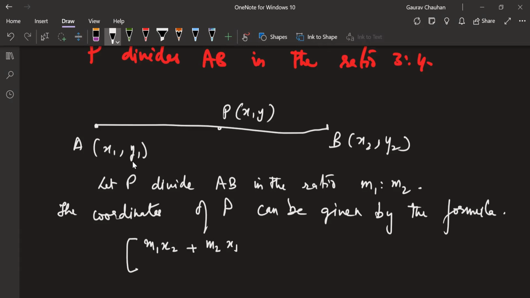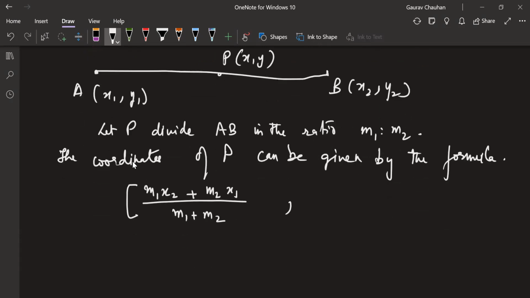Here x1 and x2 are important, because m1 is on this side, m2 is on this side. In the distance formula it was not important, but here it is important because these should match, all on the same side. Are you getting me here, Bindu? So m1 x2 plus m2 x1 by m1 plus m2. This is basically my x coordinate of P.